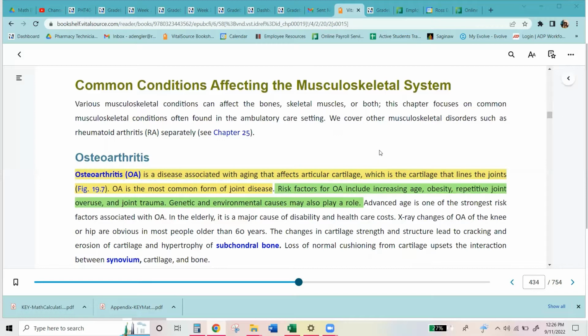Osteoarthritis is a disease associated with aging that affects articular cartilage, which is the cartilage that lines the joints. It is the most common form of joint disease, osteoarthritis. Risk factors are increasing age, obesity, repetitive joint overuse, and joint trauma. And of course, genetic and environmental causes can also play a role.